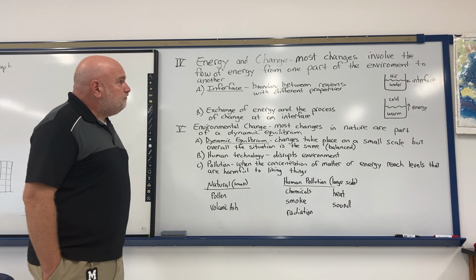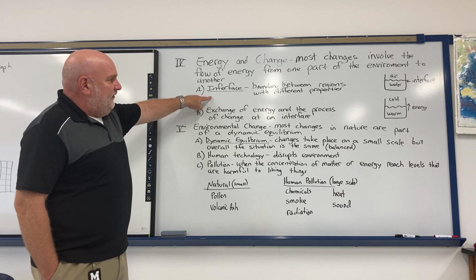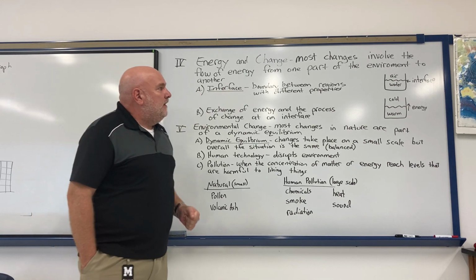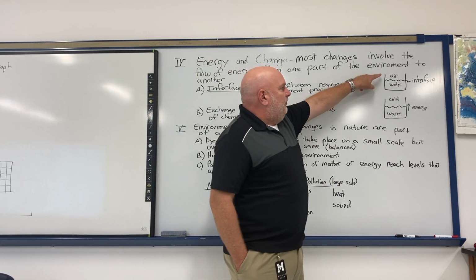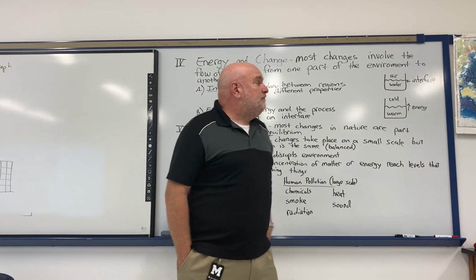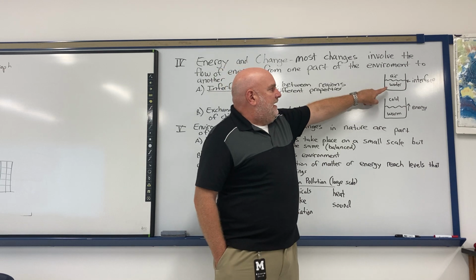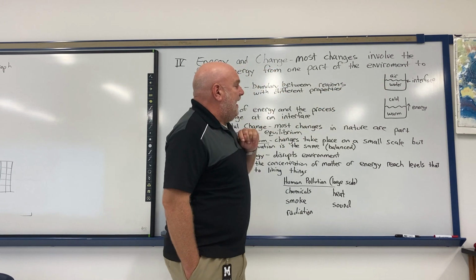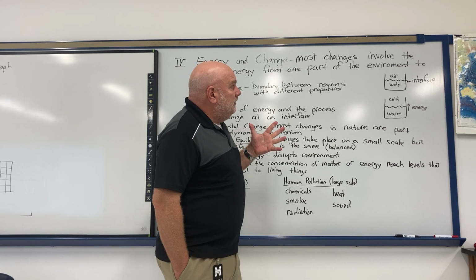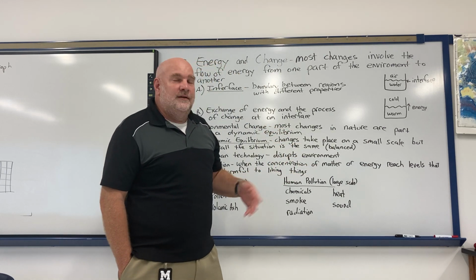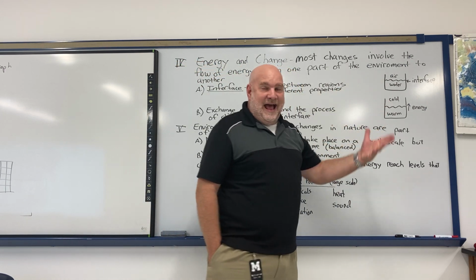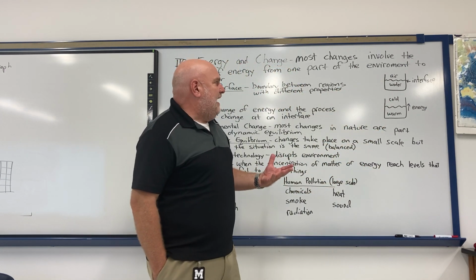Okay? Now, an interface is a boundary between two regions with different properties. So if I look over here, my examples, kind of imagine that I have a beaker, and in the beaker I have water and it's air up there. Now, water is a liquid, H2O, air, a gas made up mostly of nitrogen and oxygen.